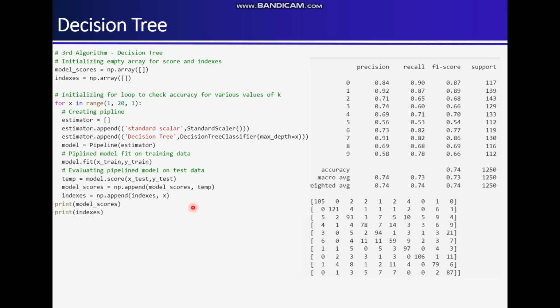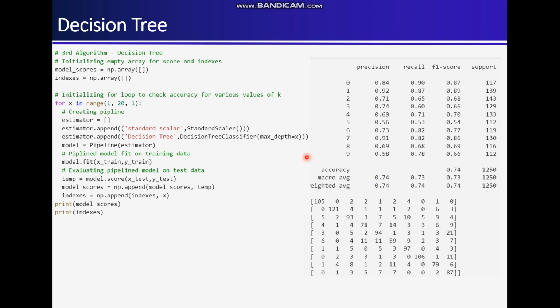I'm doing the process for 20 iterations, and again storing the classification accuracy, that is the model accuracy, in an empty array over here, and corresponding values of x in indexes. So I'm looking for the maximum value, that is maximum accuracy, and correspondingly finding out the best value of x, which is showing the depth of the decision tree.